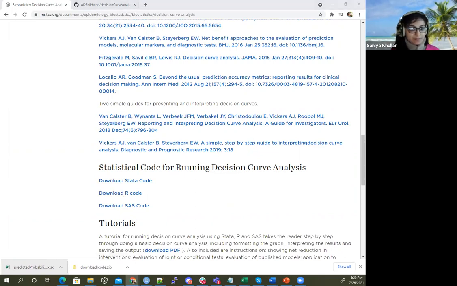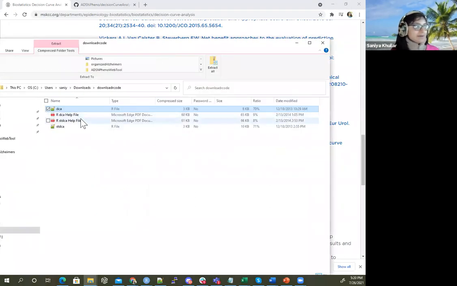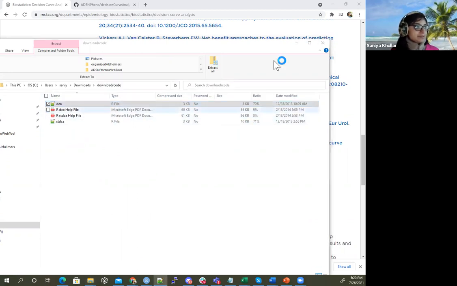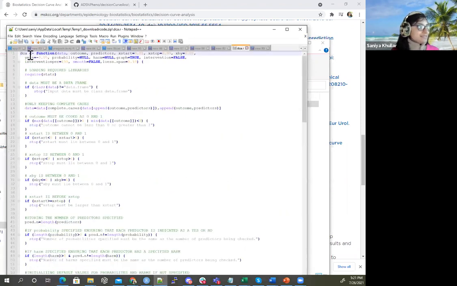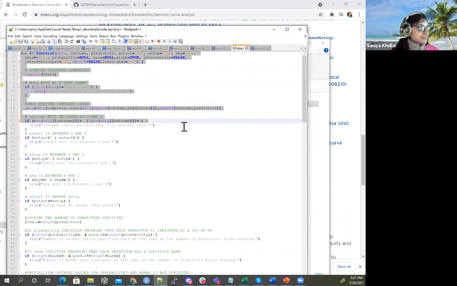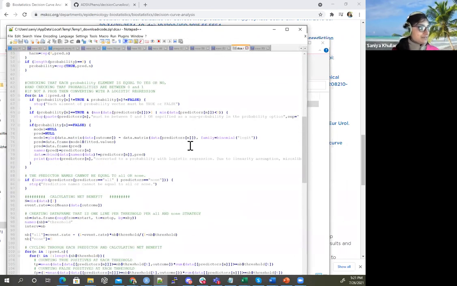Once you download the R code, you're going to have the DCA help file or all of these files here. I downloaded the R code here, and if you click it, you're going to have this R code, which is the DCA function, loading required libraries, keeping all of this information here.